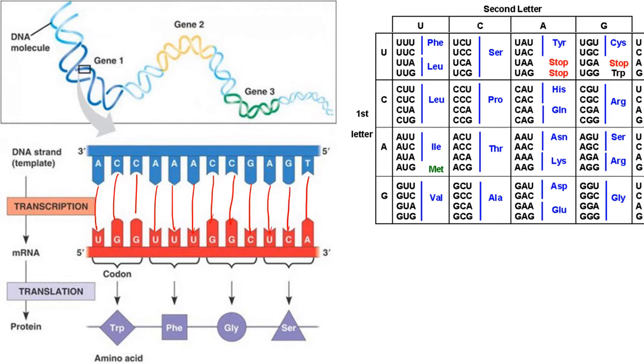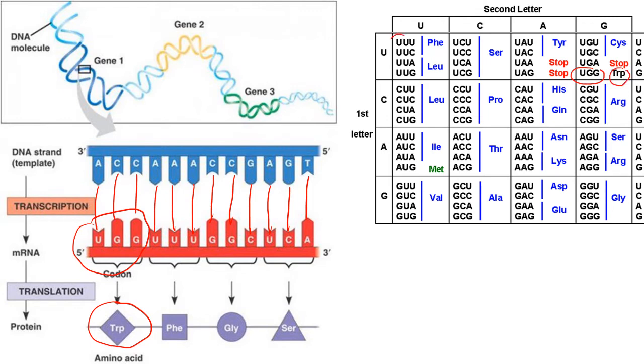And then you would translate the mRNA codons to the amino acids by looking at the mRNA codon amino acid chart. UGG, for example, coding for tryptophan.